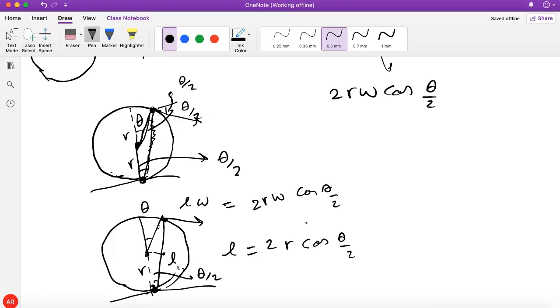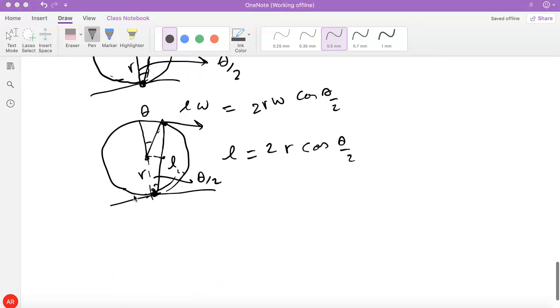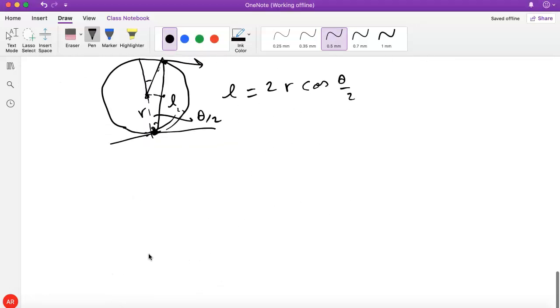So these two pictures are consistent, and it's helpful to be able to visualize this motion of rolling without slipping in both ways.